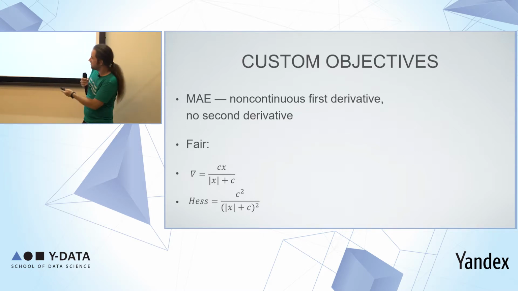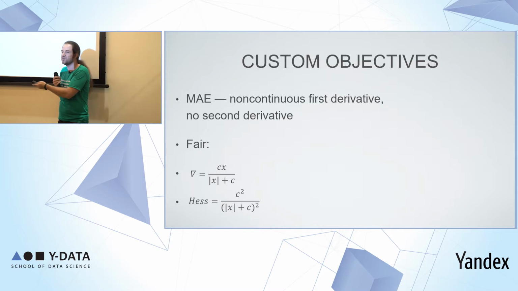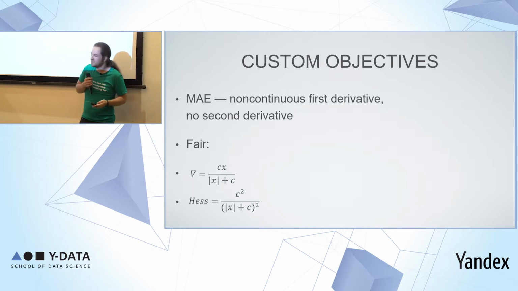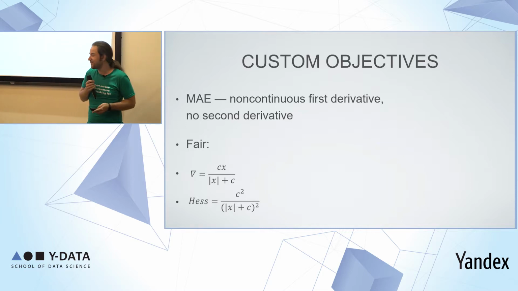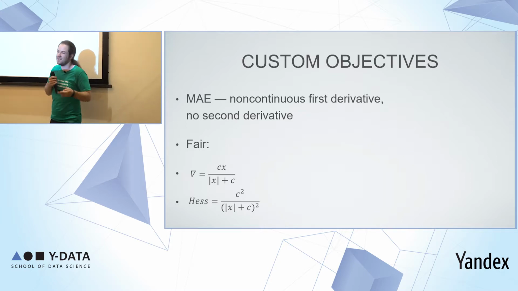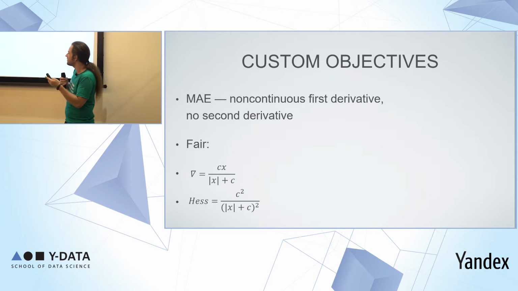And you can see it's very close to the mean absolute error if C is close to 0. So the gradient is the secant x for C around 0. And this is the second order derivative for this objective. I wouldn't like to go through most of it, it's just an example of this objective, and why it's good.